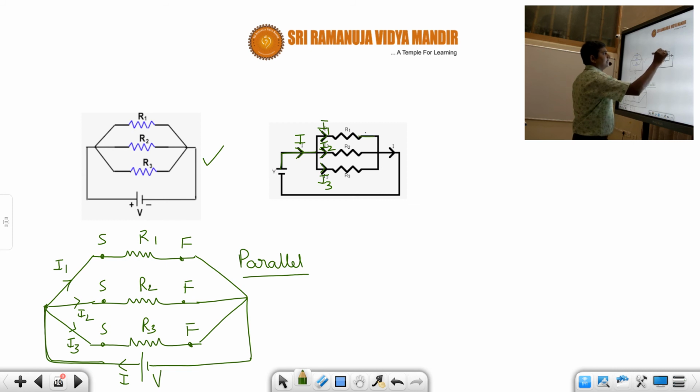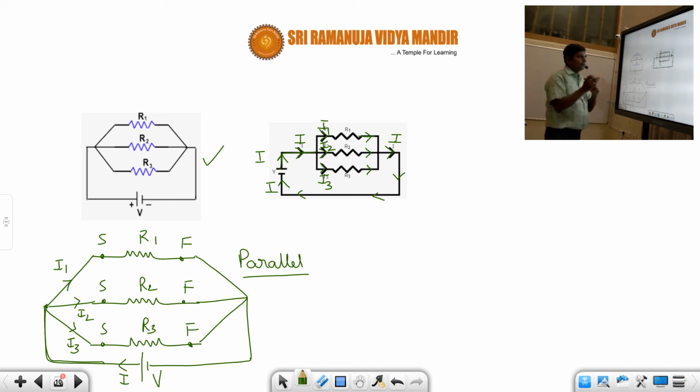Again I1, I2, and I3 will come here, and they will combine and form the original current I, and the same current I will come back to the negative terminal of the cell, from which it went out from the positive terminal, students.